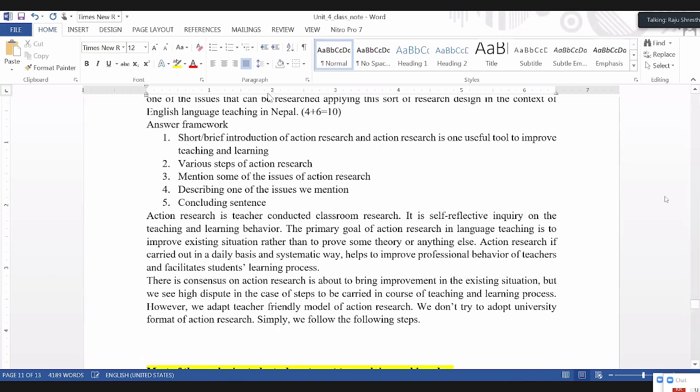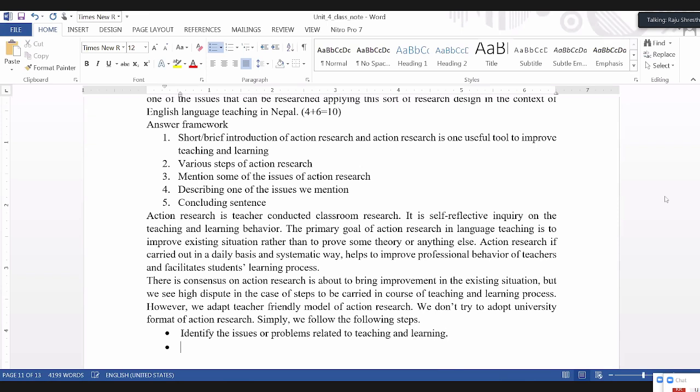First one is identify the issue or problems. Identify the issues and problems related to teaching and learning.